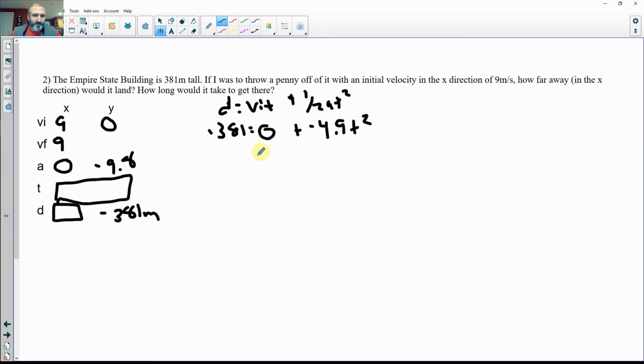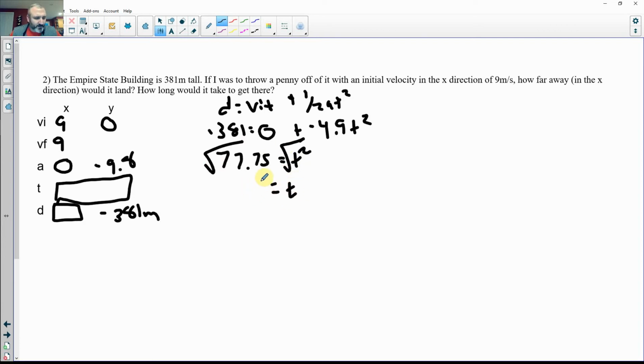Negative 381, just like we did last time, divided by negative 4.9, is going to be 77.75 equals T squared, because I just divided both sides by negative 4.9. We don't want T squared, we want T, so we're going to take the square root.